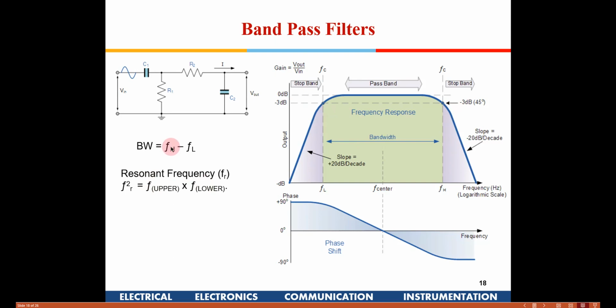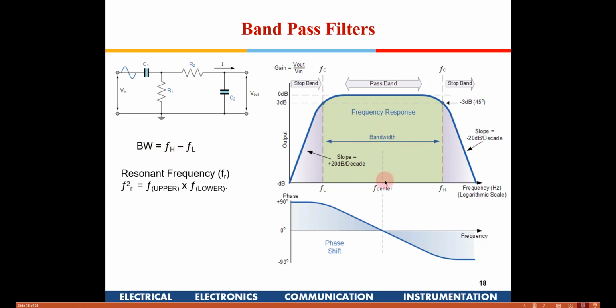So you can compute the high pass and low pass frequencies from R1 C1 and R2 C2. They cannot be the same, they have to be different, so that we get these two different frequencies. The bandwidth will be FH minus FL.